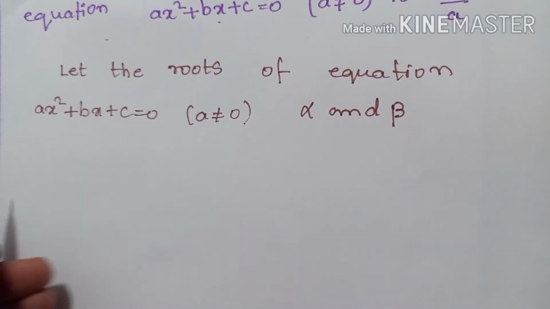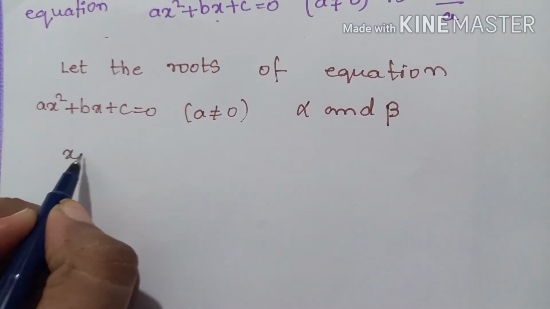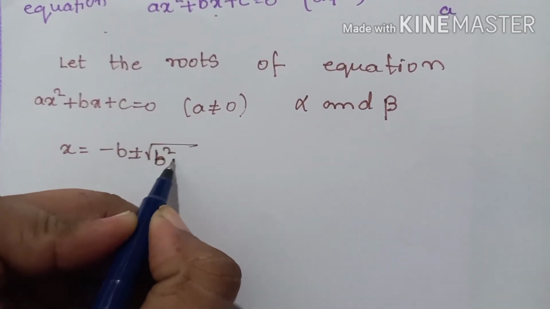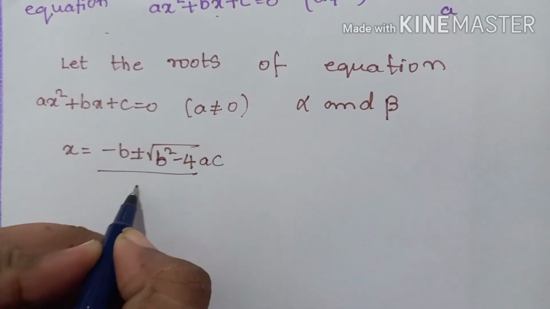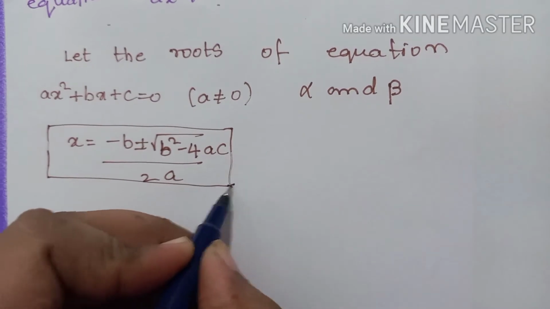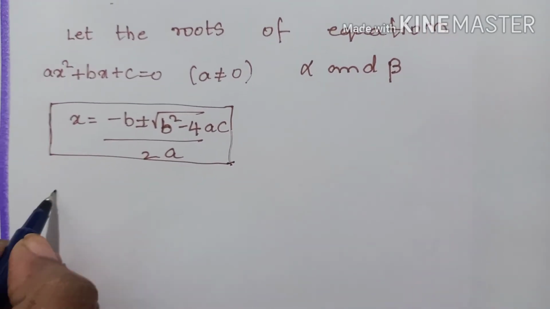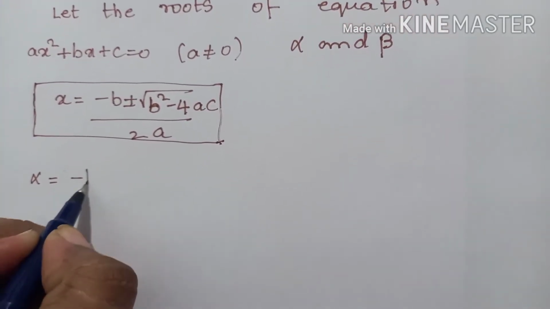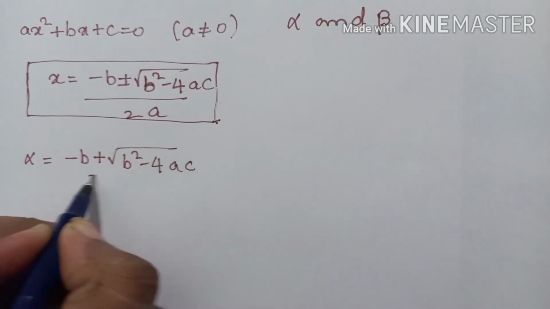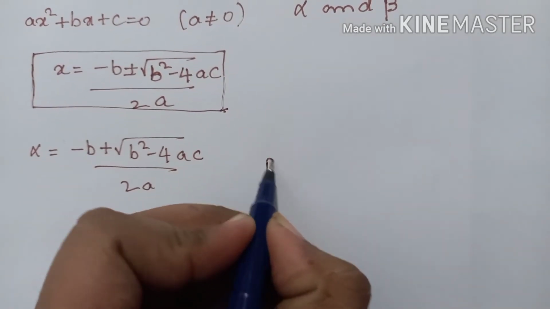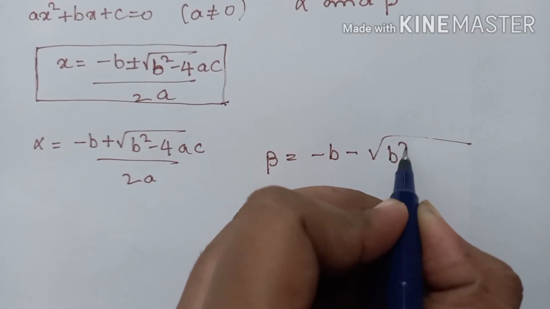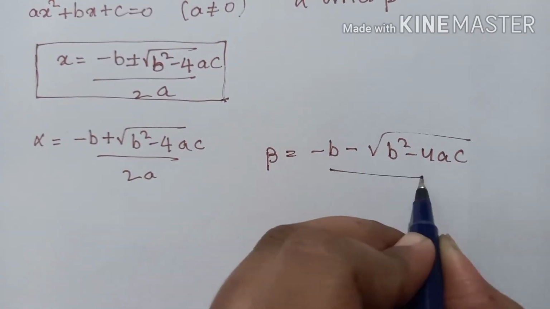We know the formula for finding the roots, right? x is equal to minus b plus or minus under root b square minus 4ac by 2a, which is a very important formula to find out the roots. Now let us consider alpha as minus b plus under root b square minus 4ac by 2a, and beta as minus b minus under root b square minus 4ac by 2a.